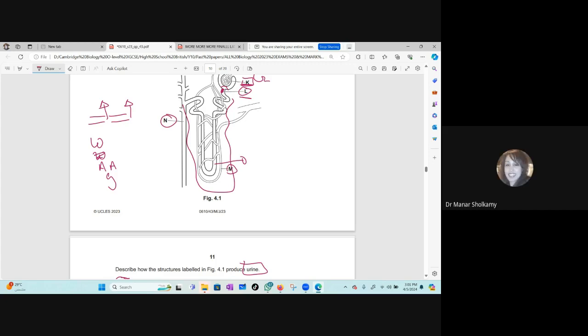And anything in excess that we don't need will not be reabsorbed, and it will go down the collecting duct and into the ureter, into the bladder to make the what? Urine. Anything will be reabsorbed by M, the capillaries. So you have to relate. Study this part, please.